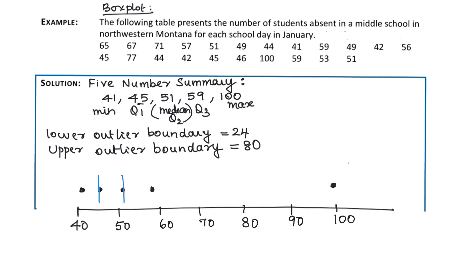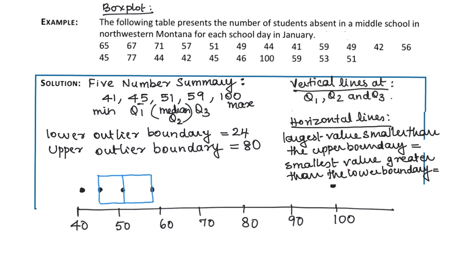I am going to draw a vertical line here and make a box out of that. Now, find the largest value smaller than the upper boundary. The upper boundary is 80. So, we need to find a value smaller than this, and among those we choose the biggest one. So, 77. And then we find the smallest value greater than the lower boundary.